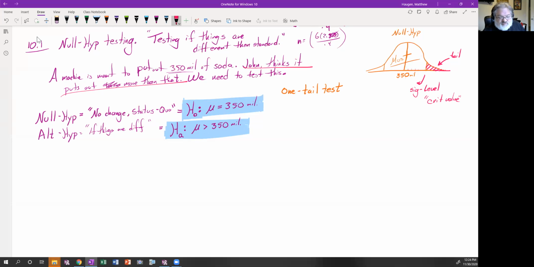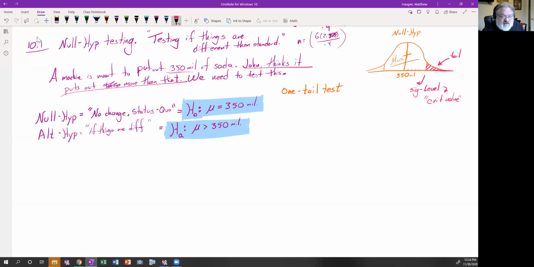And it is. The significance level will give us critical values, and we'll be trying to see if the sample we take is far enough into this tail, past that critical value, then we can say we're going to reject that this thing is 350.